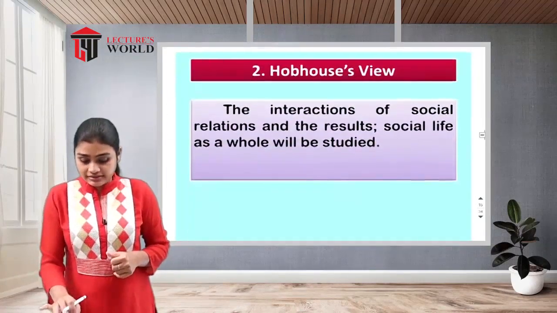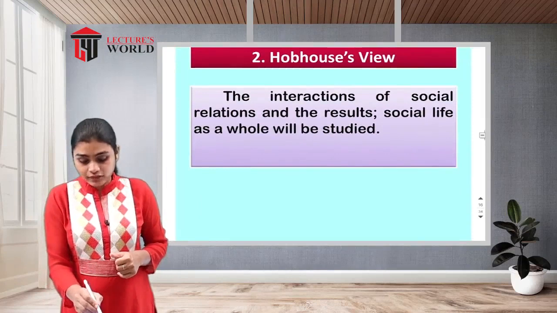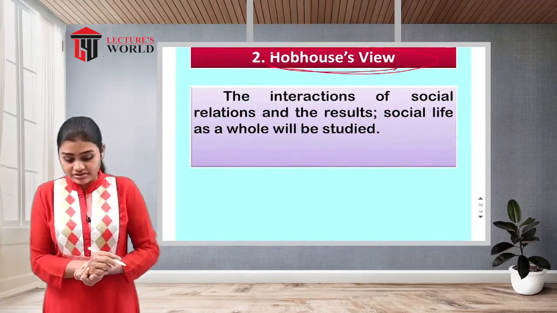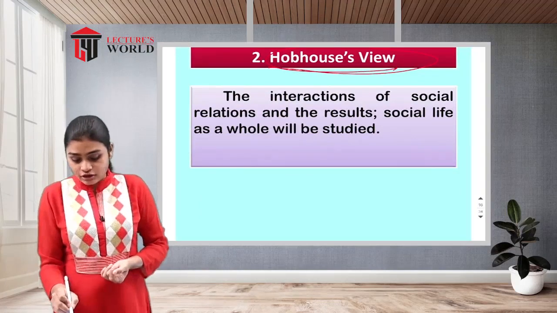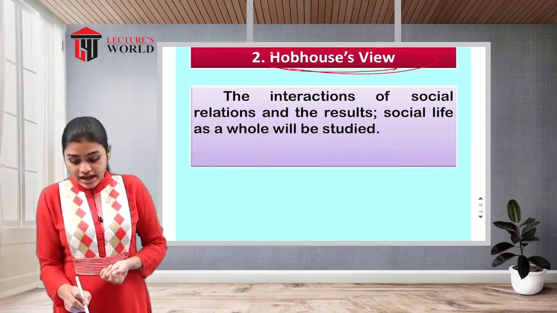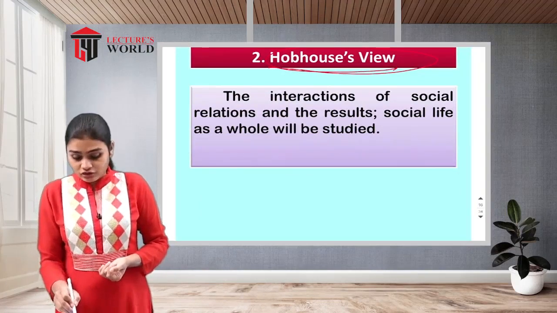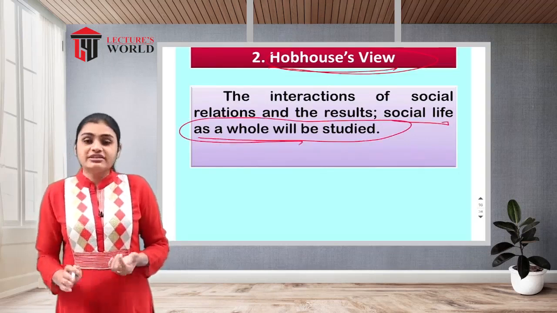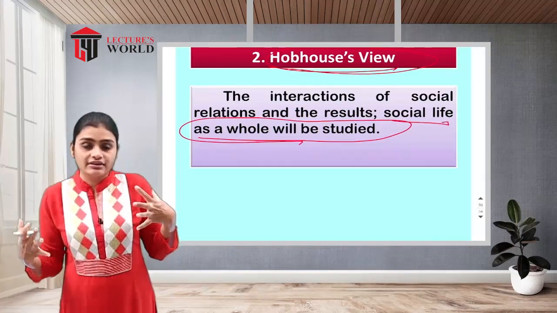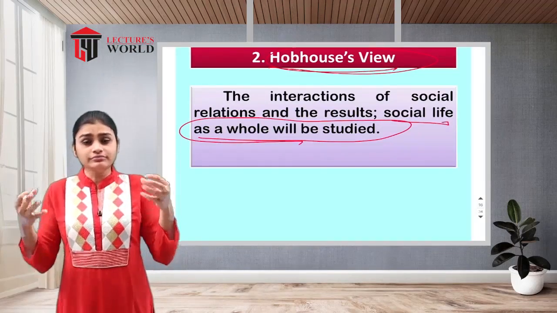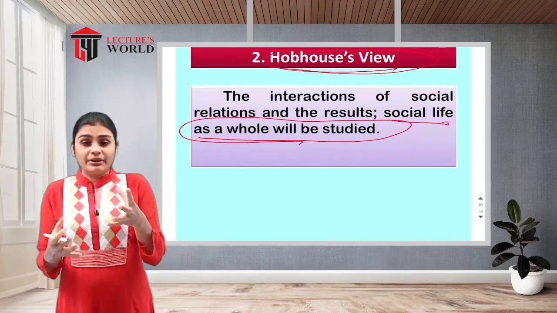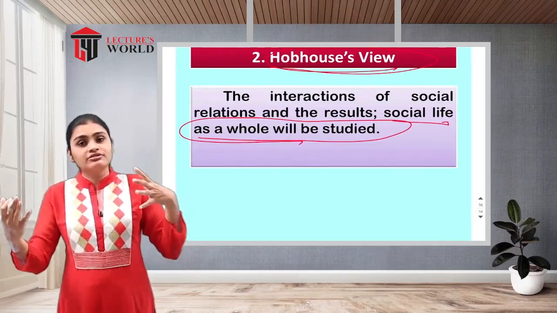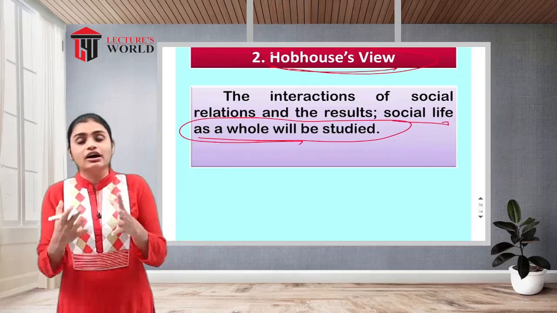Then next is Hobhouse's view. As per Hobhouse, the interactions of social relations and the result, social life as a whole, will be studied. Social life in the sense of the people where they are living, in terms of their surrounding environment, the geographical areas and other areas.